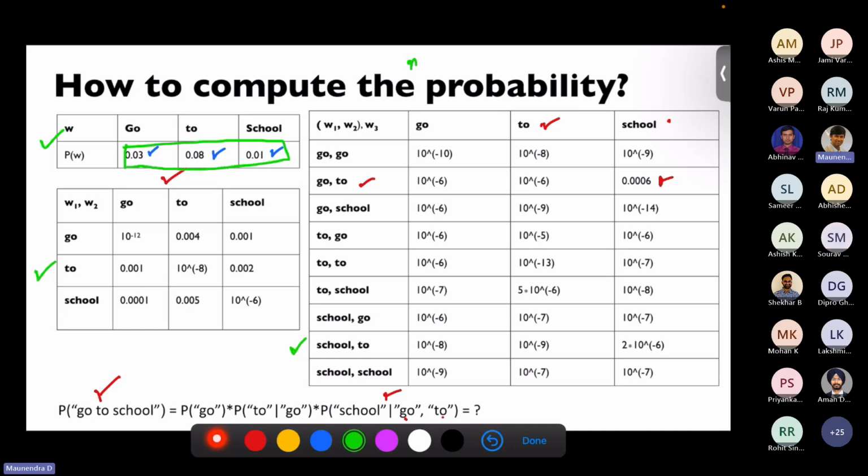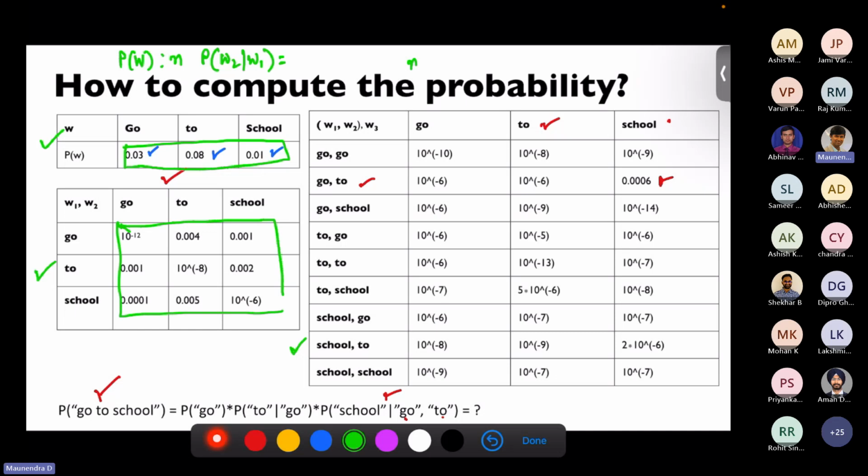So let us assume that we are only going to see how many values of P(W) we are going to store. If there are n words in the vocabulary, this will be n. And how many for W2 given W1?